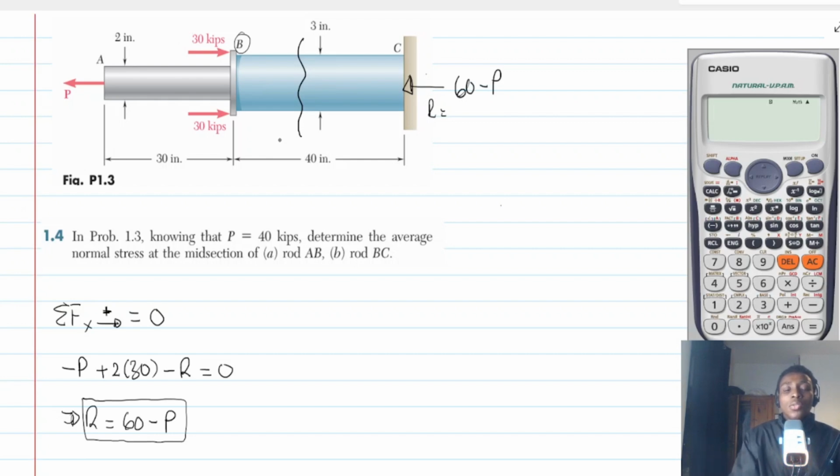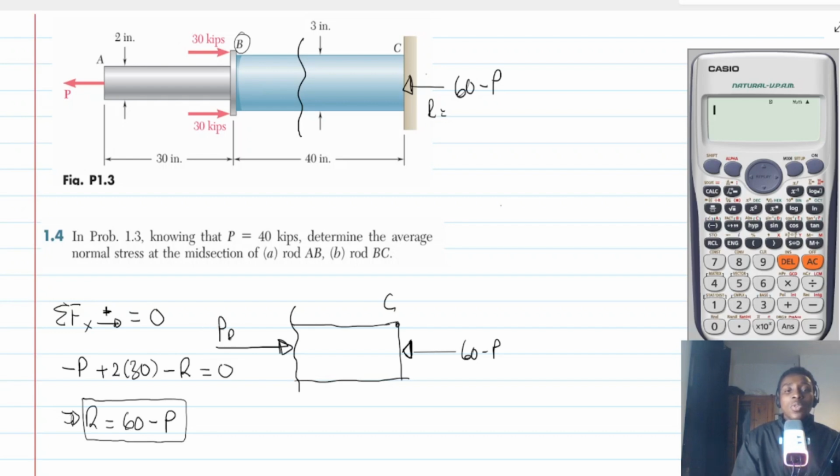To get that, take a section like this, and the whole of this is point C, and then there is this load here which is acting on it, 60 minus P. Now for equilibrium, this compressive force which is acting on BC will be acting in this direction, and for the purpose of equilibrium, it should have the same value.